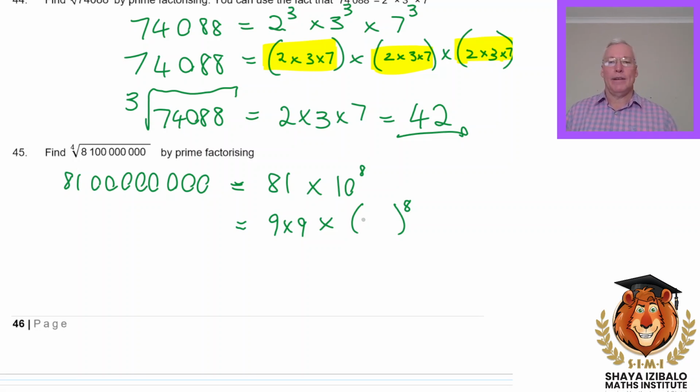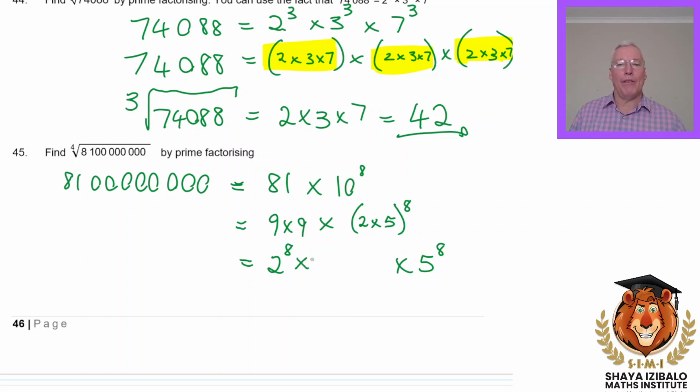But what's 10? 10 is 2 times 5. So if I multiply all of these out, how many 2's will I have altogether? I'll have 8 2's. How many 5's will I have altogether? I'll have 8 5's.